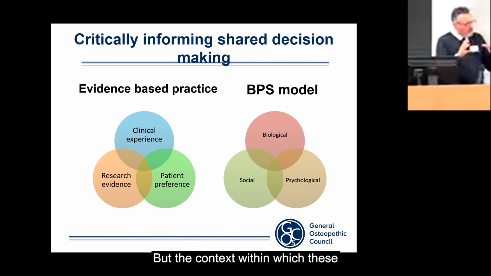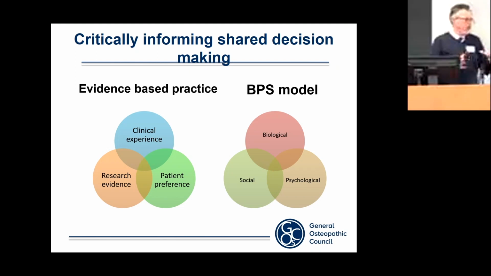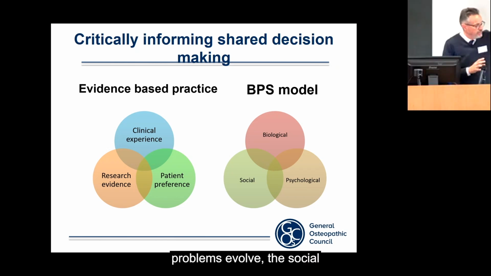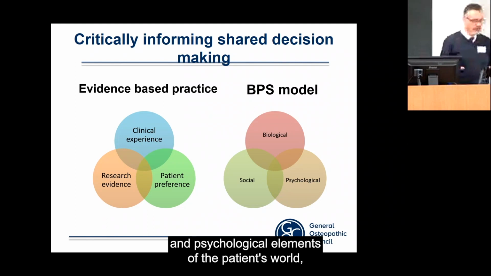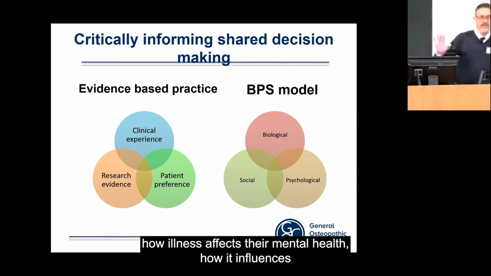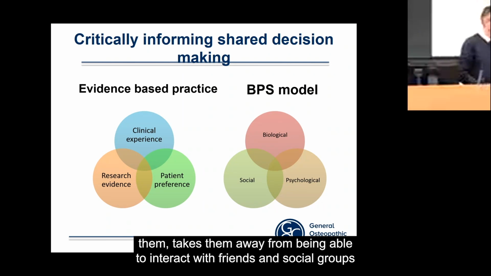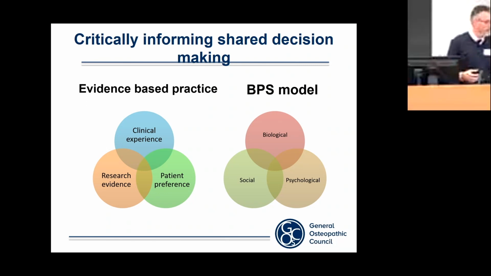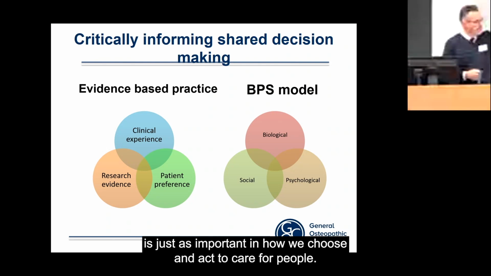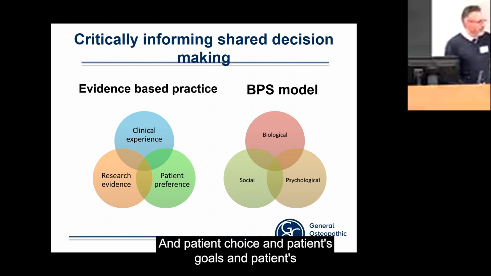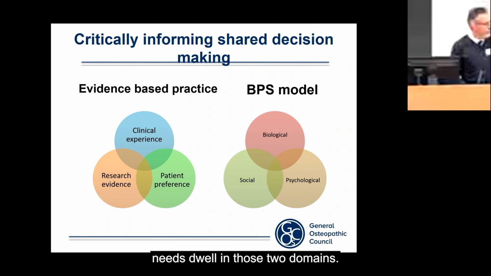But the context within which these problems evolve, the social and psychological elements of the patient's world, how illness affects their mental health, how it influences or isolates them within their community or within their family, or disempowers them, takes them away from being able to interact with friends and social groups, is just as important in how we choose and act to care for people. And patient choice and patient's goals and patient's needs dwell in those two domains.